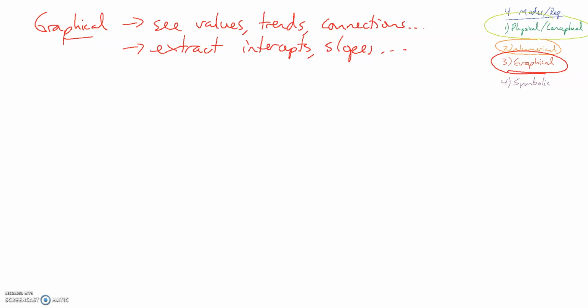Now, a couple things about when you actually make graphs. There's a couple of things that kick in. So, for example, I'm just going to draw a little graph, something like this. And when you make graphs, you want to try and keep a few things in mind.